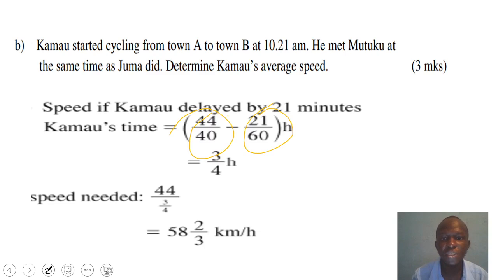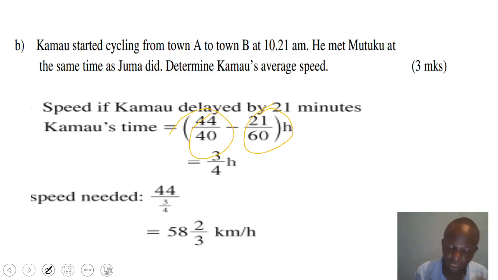That is the difference in speed, or rather, we can call it relative speed. And why are we subtracting? We are subtracting because Kamau is moving in the same direction as Juma. So the relative speed is the difference in the two speeds.